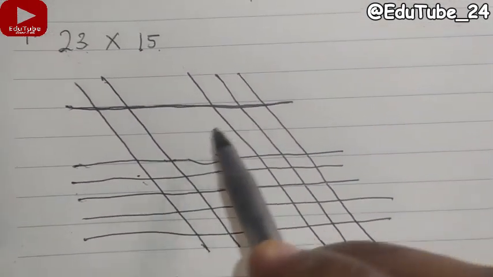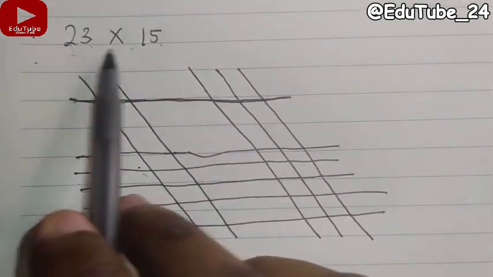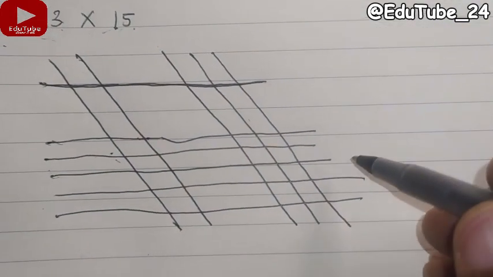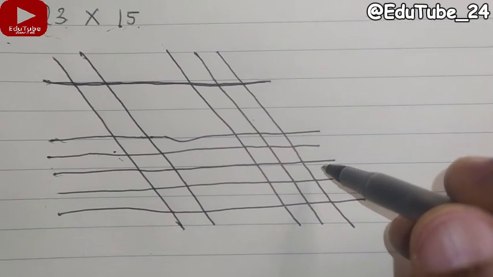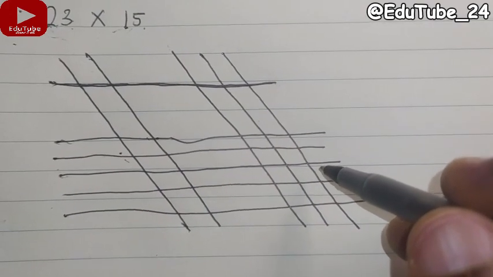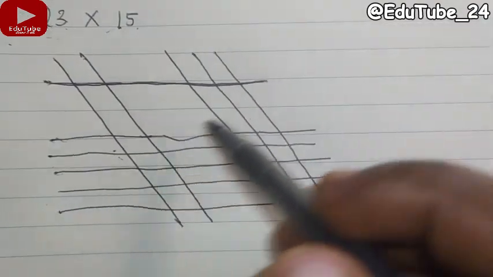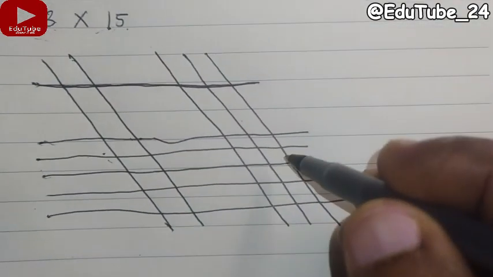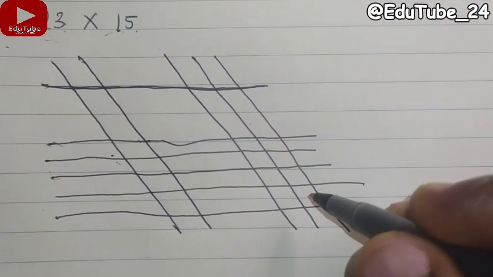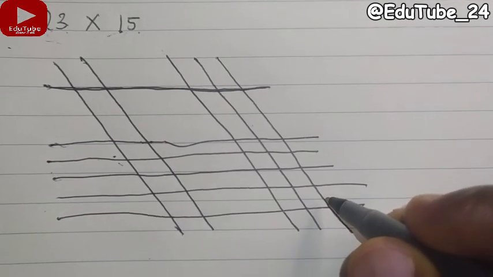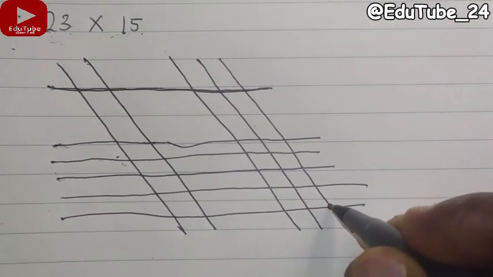Now that I've drawn sticks to represent the 2 numbers, the next thing we'll do is to point out their intersections. What do I mean by intersections? I simply mean their meeting points, the meeting points of the strokes of the sticks. So let me start from the bottom right corner here.